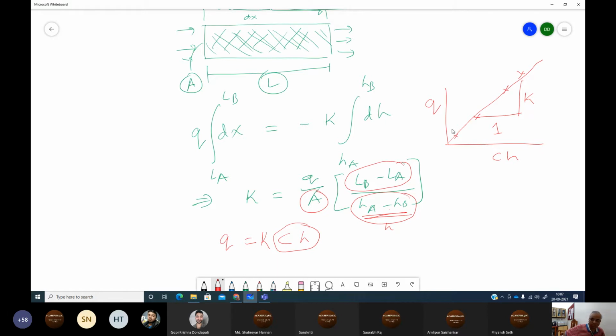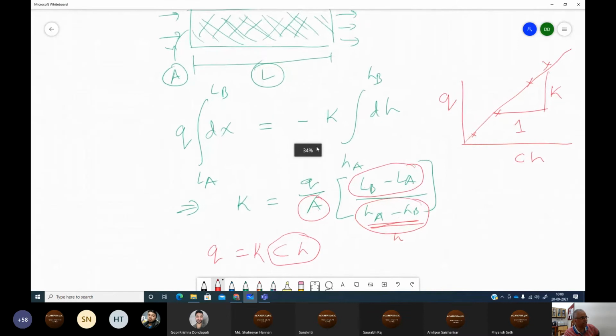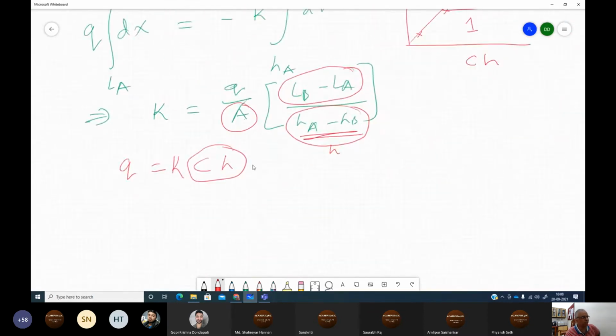So this is how we calculate the hydraulic conductivity of a particular soil or sand or rock in the laboratory. This is one of the ways. I'm not sure whether they have told you already in the lab, but this is how we do it.